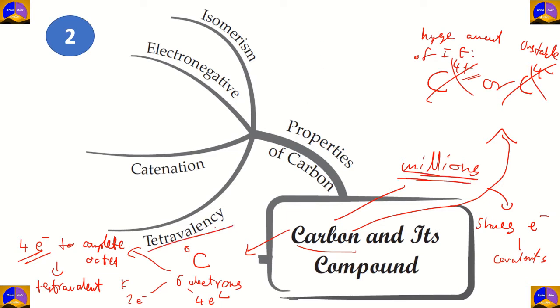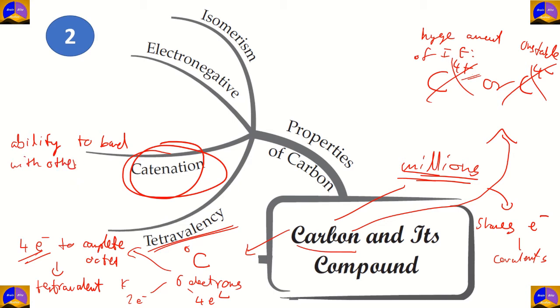So other than tetravalency, what makes carbon so good at forming millions of compounds? Carbon has this unique property known as catenation. So what exactly is catenation? Catenation is the ability of carbon to bond covalently with other carbon atoms. So you can form a huge chain of carbon atoms using catenation, and you can form a very large compound containing many carbon atoms because of this unique property.